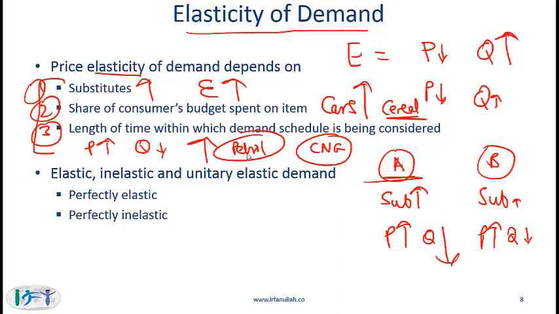What will happen to the demand for petrol in the short run? The answer is the demand will come down, but not by too much. What about in the long run? Let's say it takes a week or two for consumers to install a CNG kit in their cars.